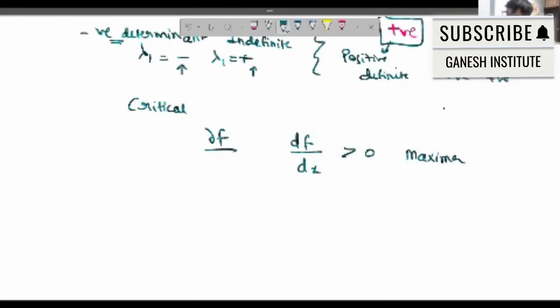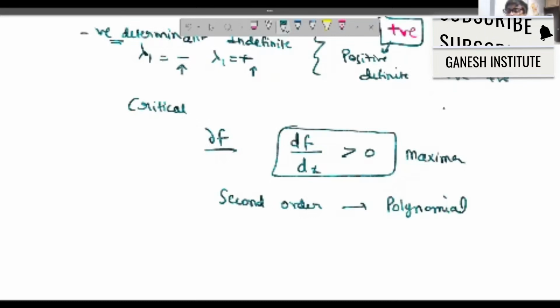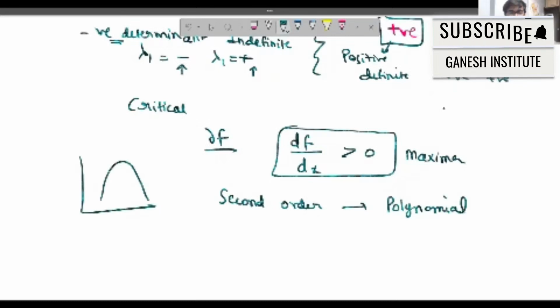Perfect, yes. But we are not talking about the first order derivative here, because the second order derivative gives me the vertex. Let's say I have this polynomial.